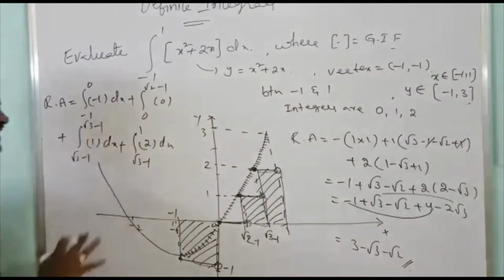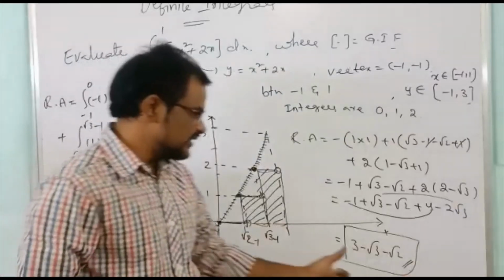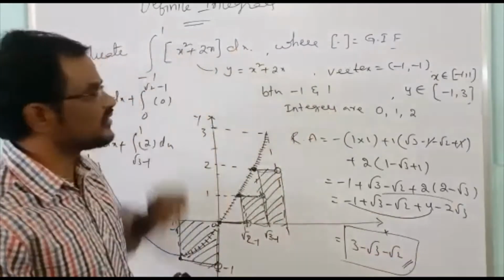If you do the integration and simplify, you will get the answer 3 minus root 3 minus root 2. So for this type of problem, first what do we have to do?